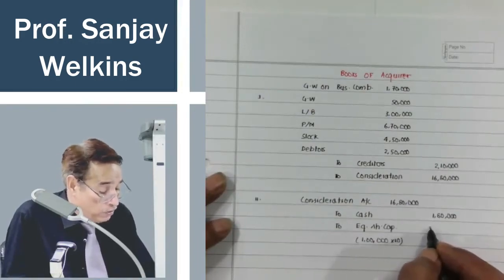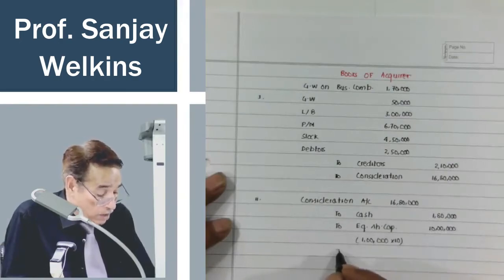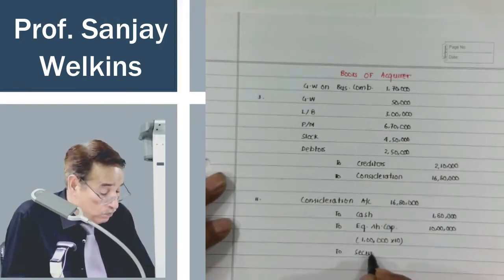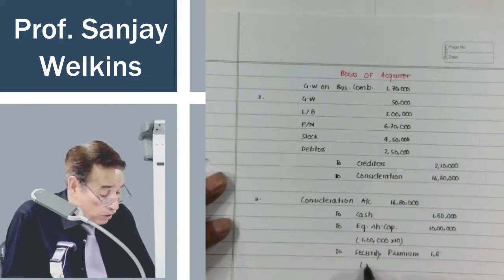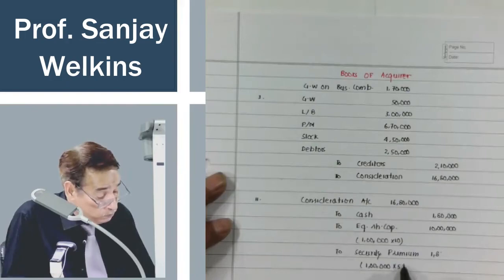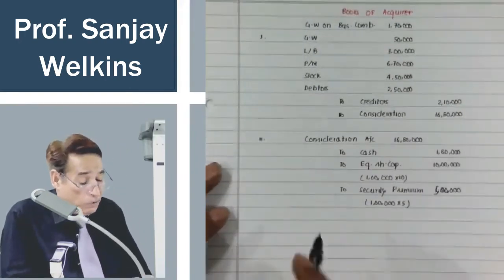So 1 lakh shares of 10 each, I will write here 10 lakh. And to securities premium, 1 lakh shares of 5 each, that is equal to 5 lakh. So this is how we will have to pass the entry.